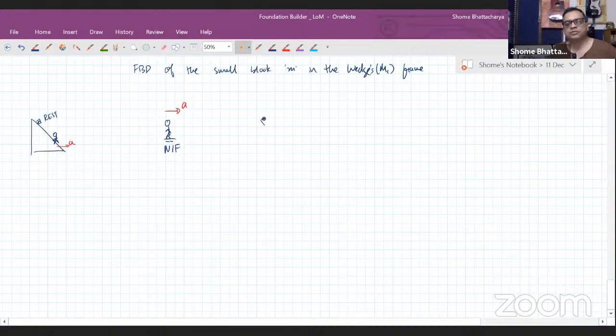So in that frame, when you make the block's free body diagram on the inclined plane, this angle is theta. So there will be pseudo force on the block like this. So pseudo force, remember its direction is always opposite to the direction of the frame's acceleration.